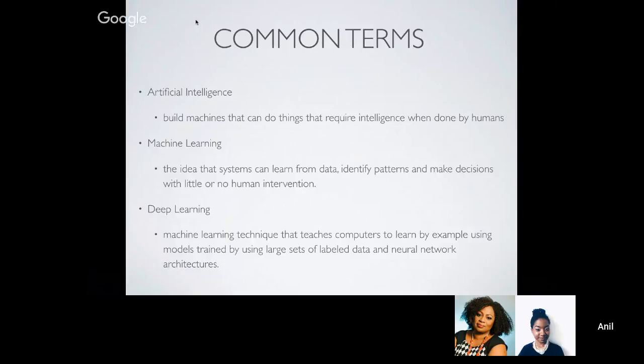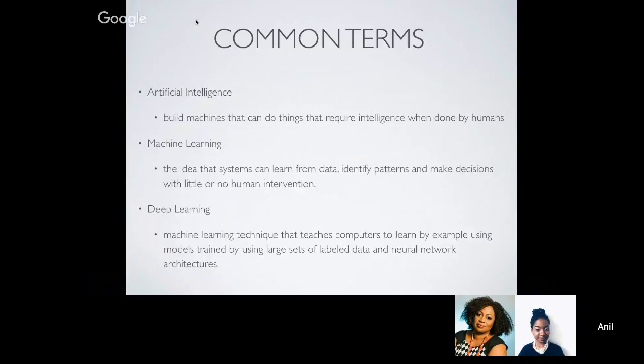So machine learning is a subset of artificial intelligence, and deep learning is a subset of machine learning. And deep learning is basically where you teach the computers to learn by example.